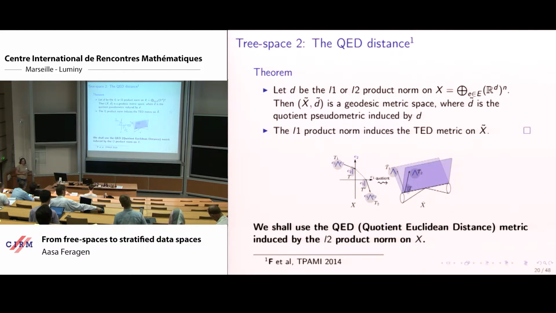Moreover, if you fiddle around a little bit with the topology, you can easily show this is a geodesic metric space. So it's not just a pseudometric, it's a real metric, and it is a geodesic metric.